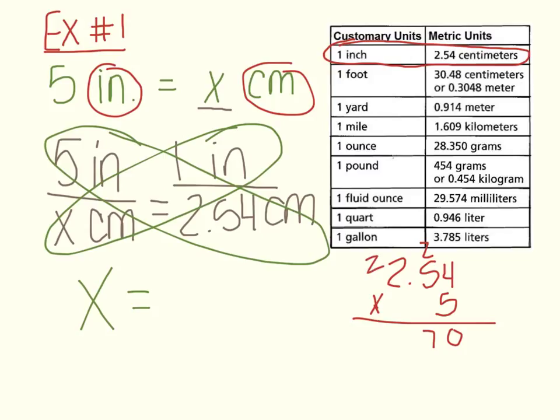And 2 times 5 is 10, plus 2 is 12. Now we see how many places to move the decimal. It's 2 places in our number, so we move it 2 places in our answer. So our answer is 12 70/100.